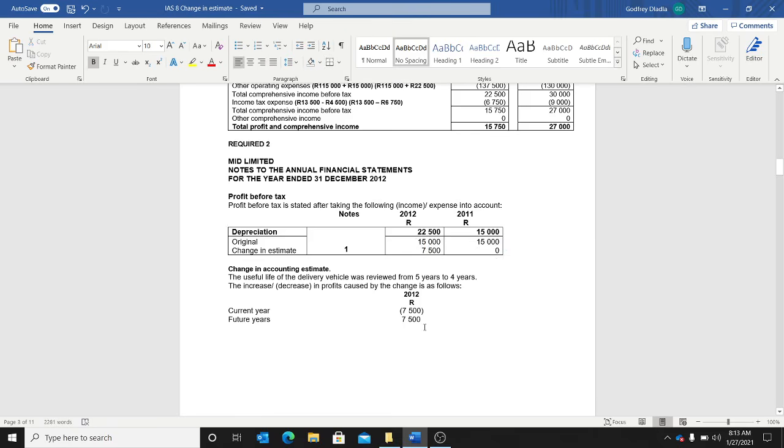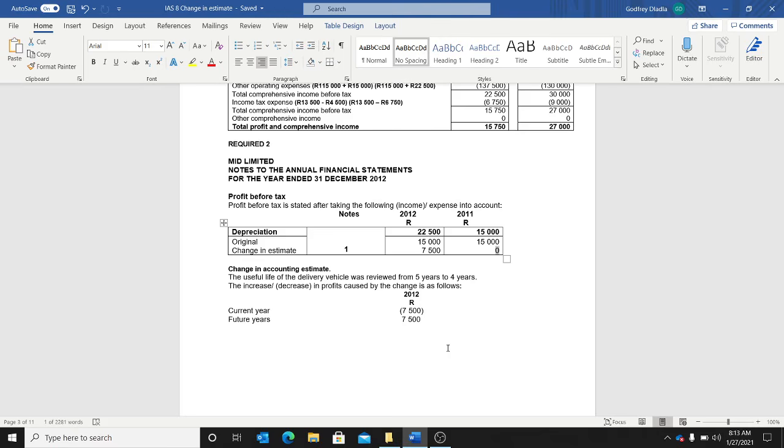But you are required to break down those total amounts. So in 2011, the original depreciation has always been 15. There is no change in estimate in 2011, because when we are dealing with a change in estimate, we treat it prospectively, meaning we start from 2012 and go forward. It doesn't affect 2011.